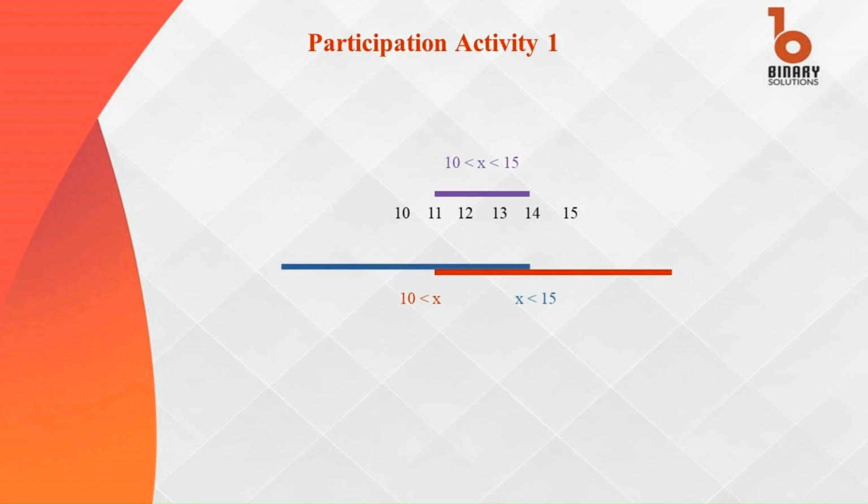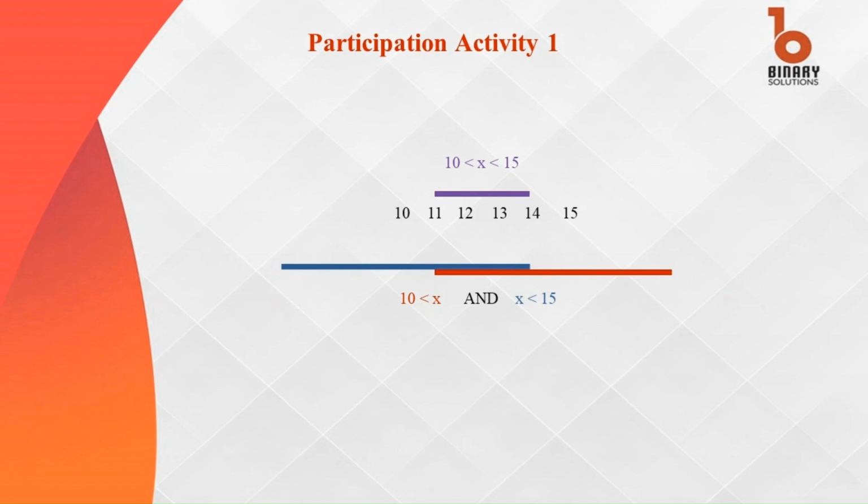Similarly, x < 15 establishes the upper bound, meaning x must be less than 15, ending at 14. Combining these conditions with the AND operator ensures that both conditions must be true simultaneously, thus narrowing the range to the overlapping values 11, 12, 13, and 14. This approach allows programmers to precisely define and evaluate ranges in their code.